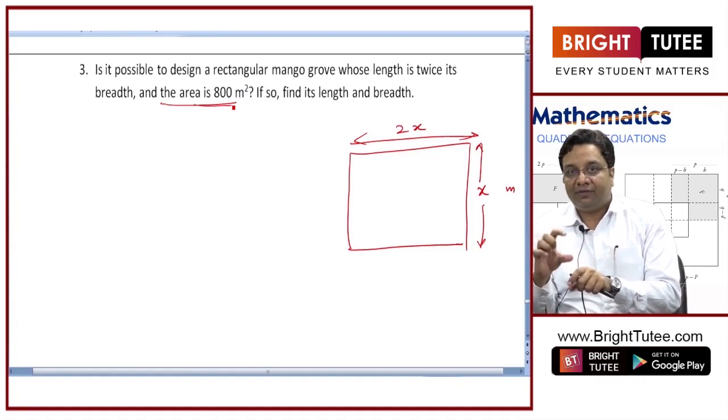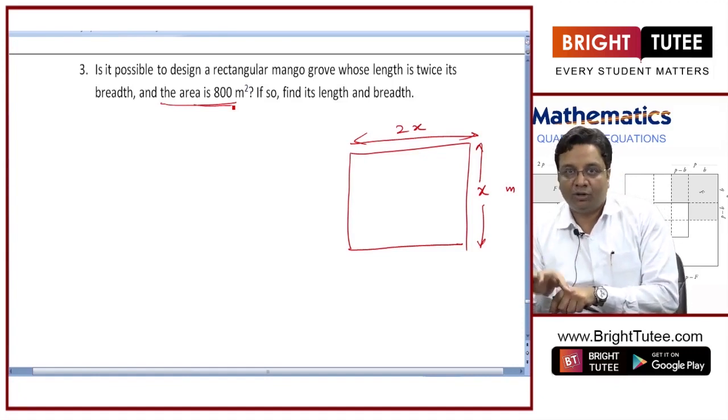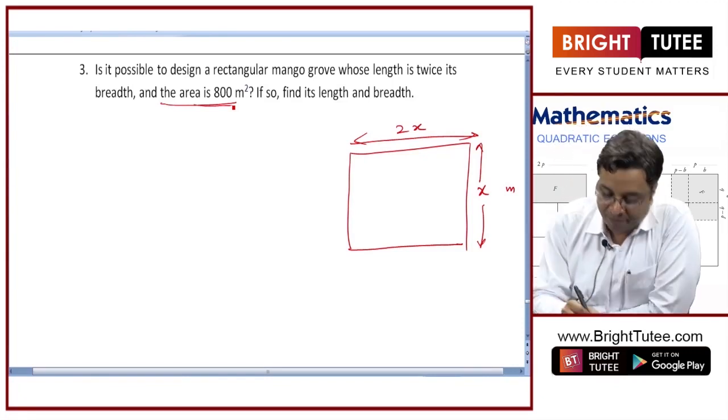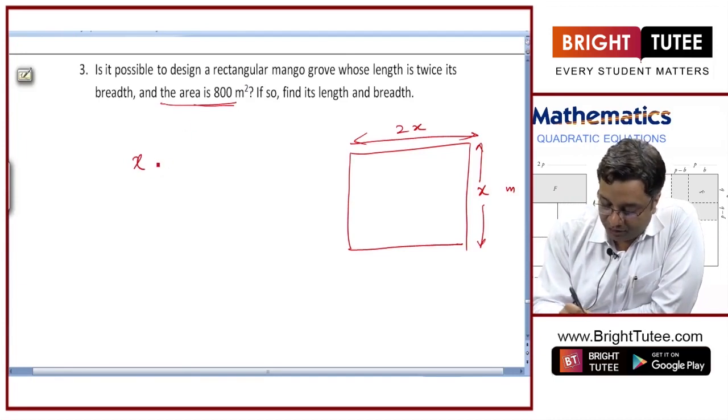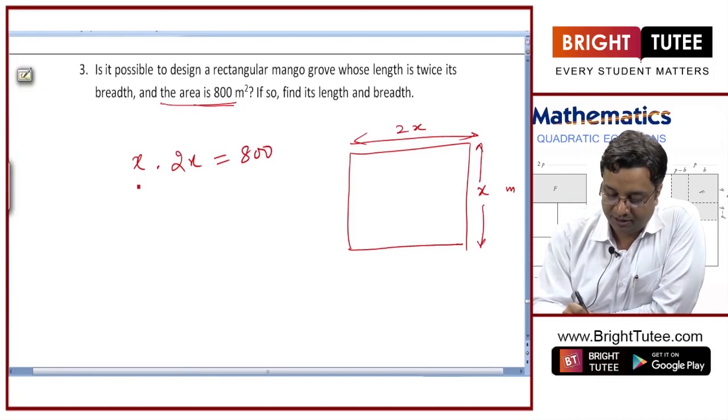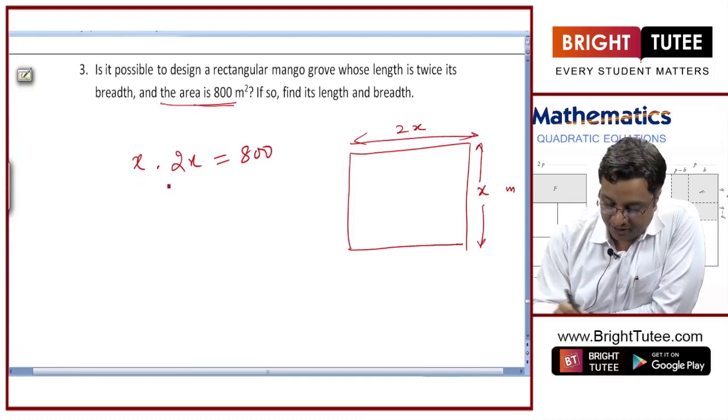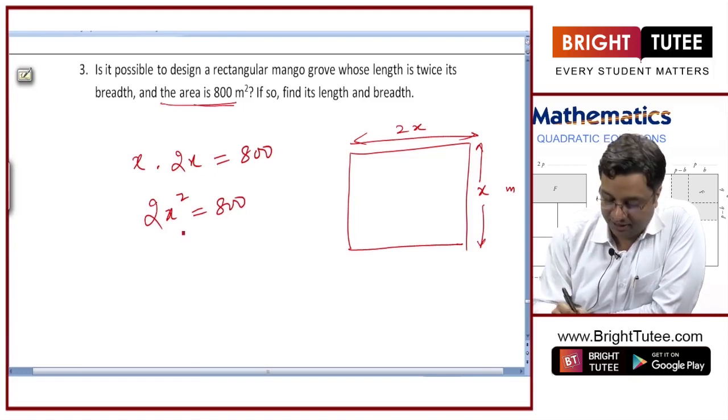So what we have done is we have taken the breadth as x and length as 2x, and now we will see that if we solve such a situation, x into 2x is given as 800 because area is length into breadth. So now what I've got is 2x square equal to 800, right, x square equal to 400.